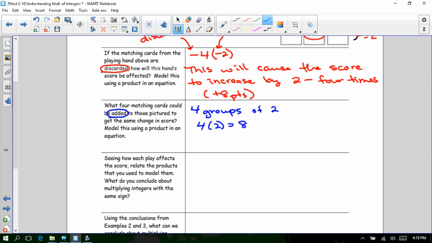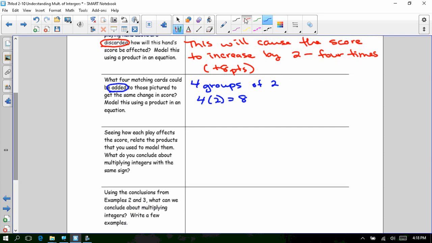Right? So, knowing that, removing 4 groups of -2 gave me a score of +8. My score went up 8. And just a second ago, we said that 4 times 2 also improved my score +8. Well, 8 equals 8, which means -4 times -2 also equals 4 times 2, right? I'm going to get the same answer.